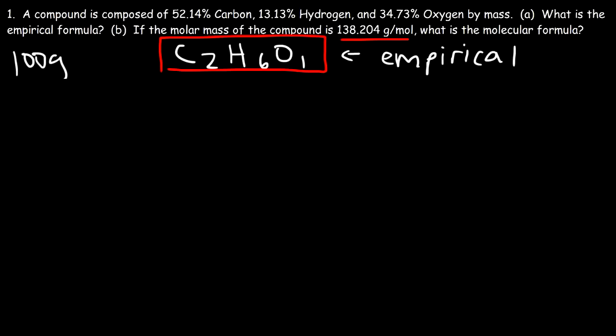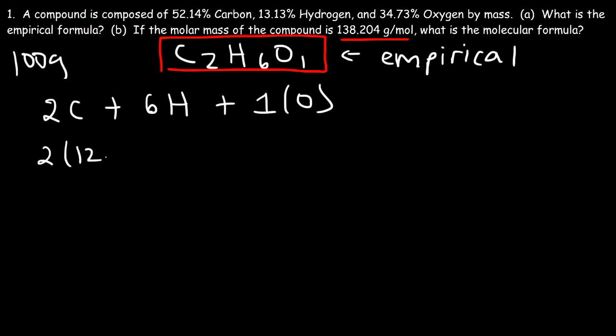The first thing we need to do is find the molar mass of the empirical formula. So there are 2 carbons, 6 hydrogens, and 1 oxygen. So it's 2 times 12.01 plus 6 times 1.008 plus 16.